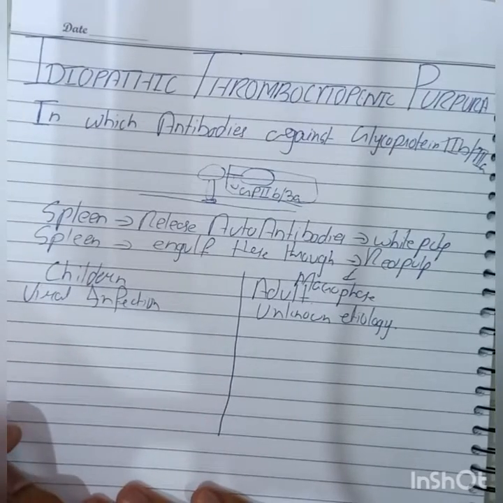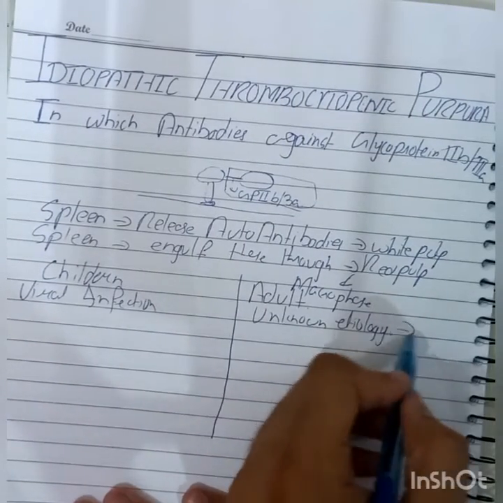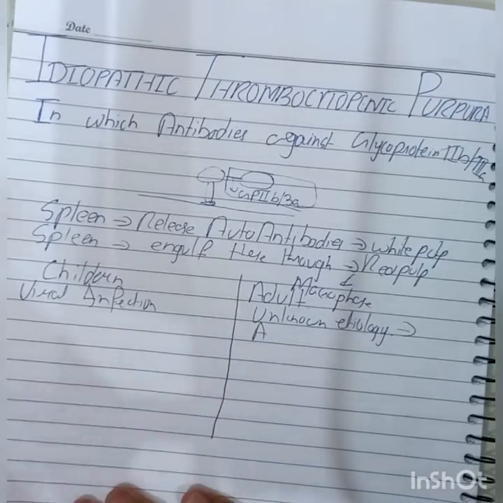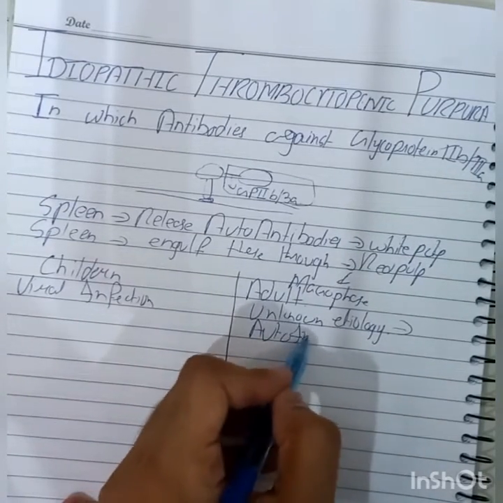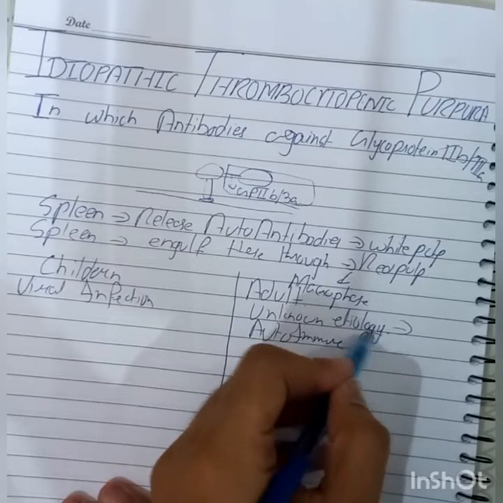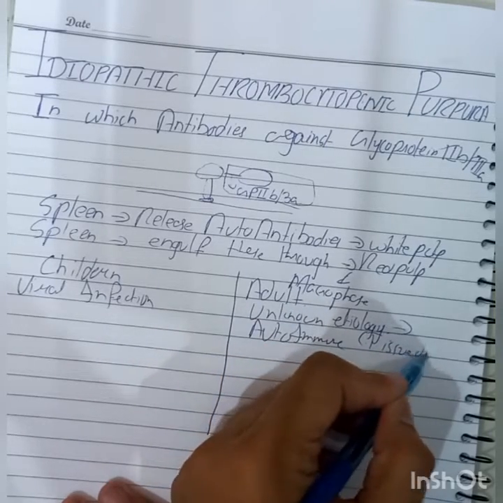Some theories say that the patient has an autoimmune disease or connective tissue disorder.